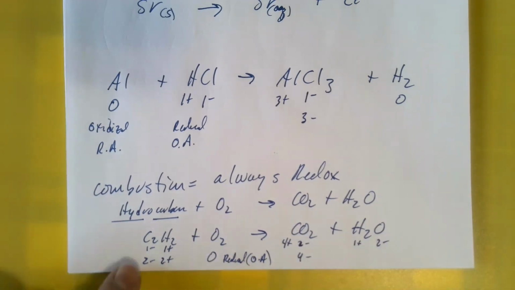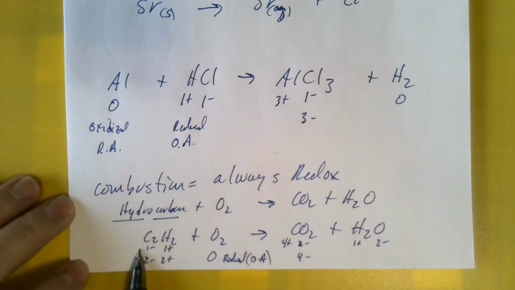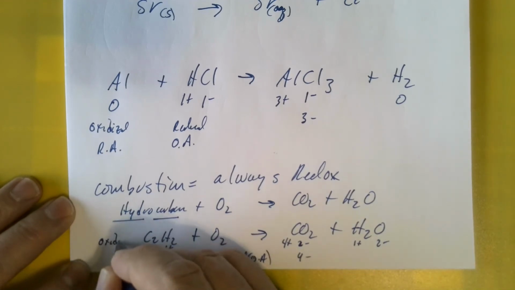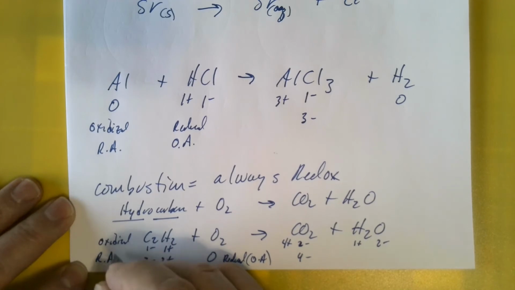But look at my carbon. My carbon went from a 1 negative to a 4 positive. So it had to have done what? Lost electrons, which means it was oxidized, which makes it my reducing agent.